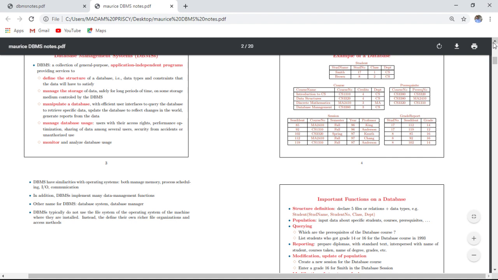So the database management system, as an application, is going to help us link the tables together.